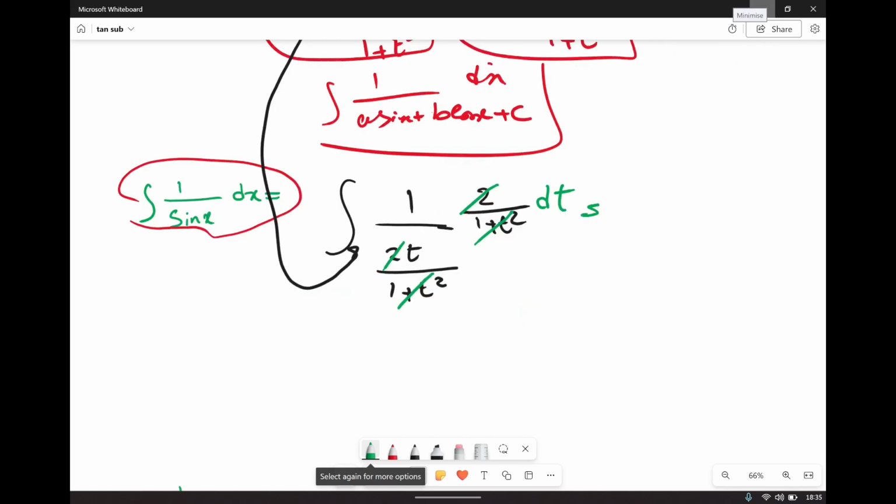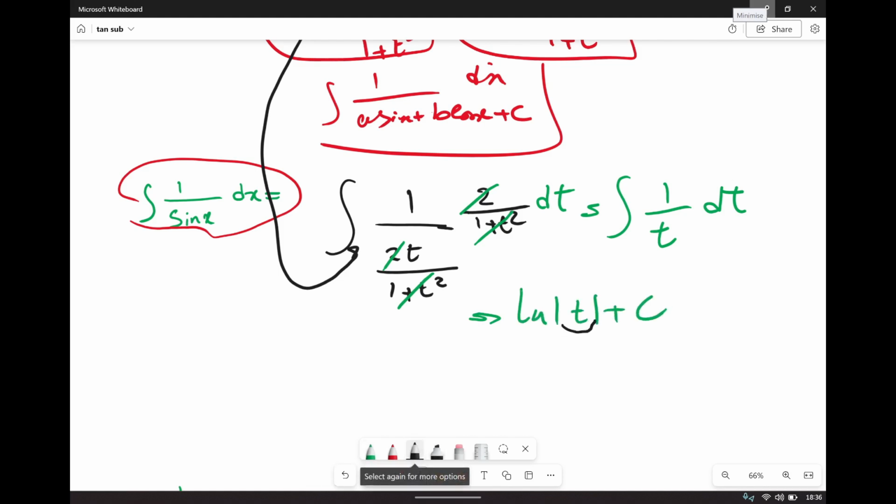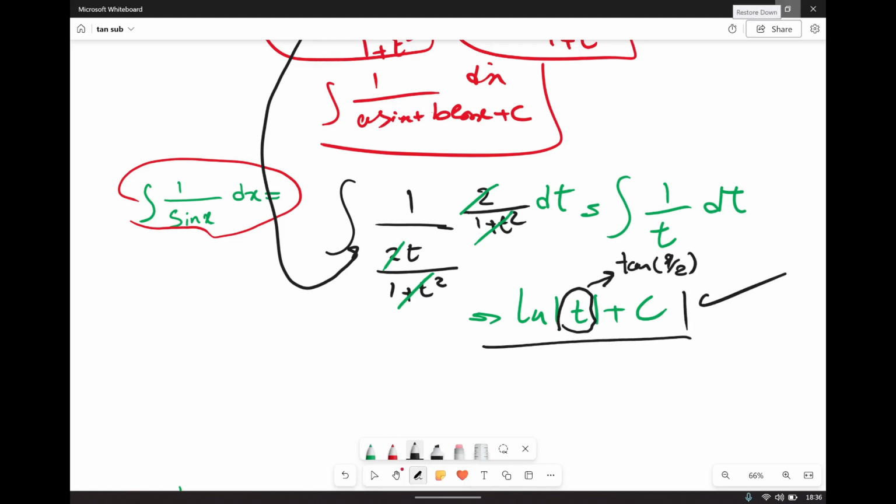After simplification, our integration is 1 over t dt. It's so simple. It is ln t plus c. And in the last, we just substitute t by tangent x over 2, and our integration procedure is finished.